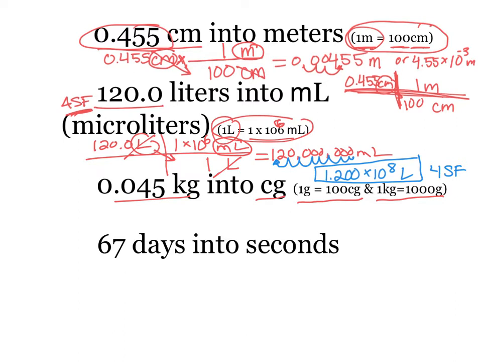So always start with what's given to you in the problem, 0.045 kilograms. All right, I'll write it out the other way this time, times your first conversion factor. Whatever is here gets dragged down here, kilograms. So I look at my conversion factor, I see a kilogram right here, so I'm going to use this one first.